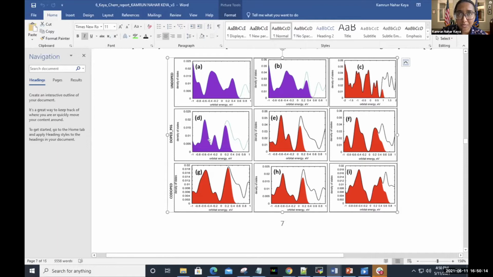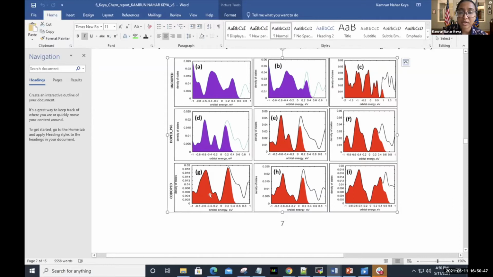So this one is for a different model, doped in cis polytetraline, and we use P dopant there, and this one is the neutral state, cationic, and then anionic. And this one for the co-doped means in cis polytetraline we add P-type and N-type dopant, and again plot the same figure: neutral, anionic state and cationic state.